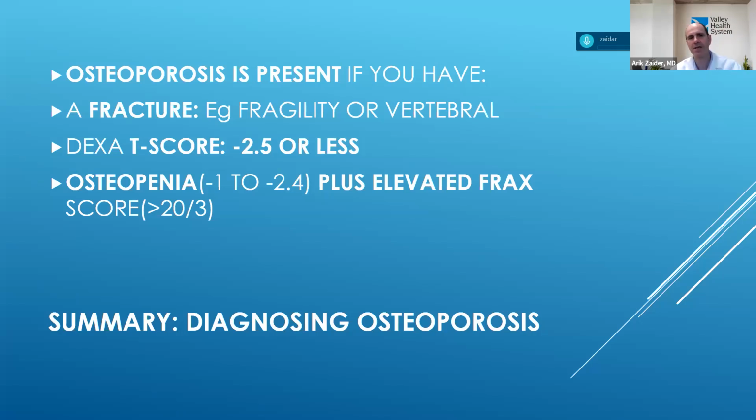And this has implications for treatment, of course. And I just want to make that final point once again, that fracture equals osteoporosis. So you could have a totally normal T-score, you could have a totally normal FRAX, even though that's unlikely. But if you happen to have an unexplained fracture, an atraumatic fragility fracture, you immediately have osteoporosis. And that's all the information we need to know.